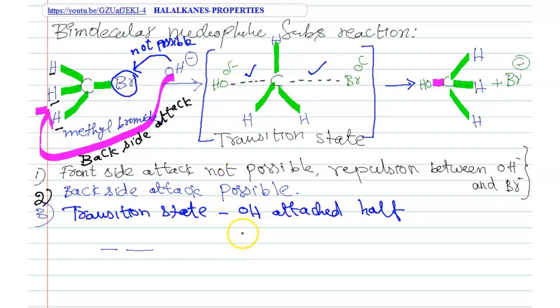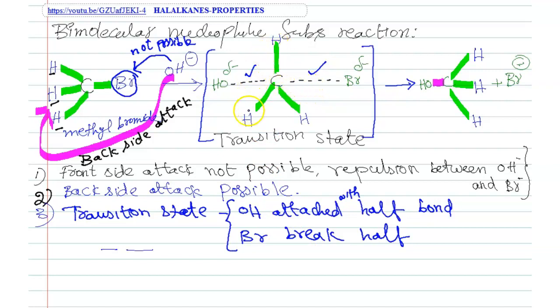So OH is attached with a half bond, and Br breaks with a half bond. In the transition state, OH is attached to carbon with a half bond, and the Br bond is broken with a half bond. That means a half bond is formed with OH and a half bond is broken with Br.